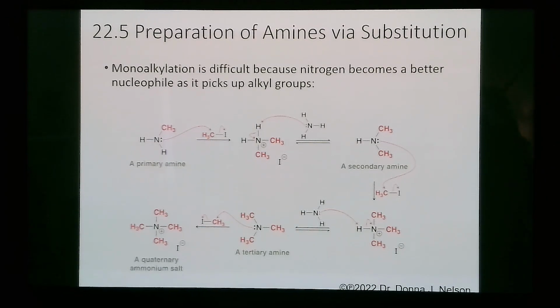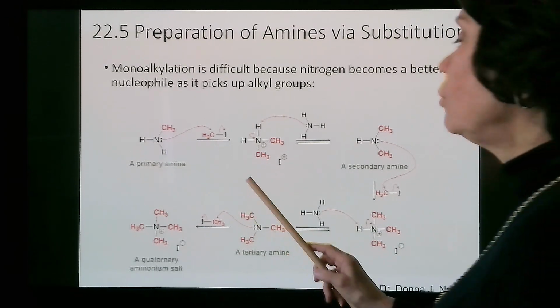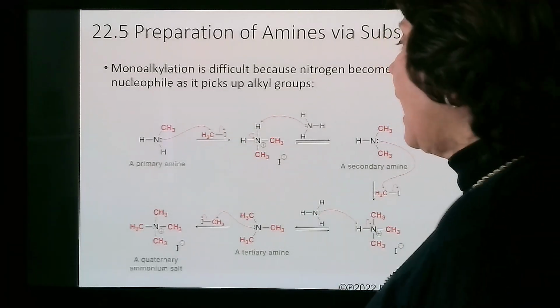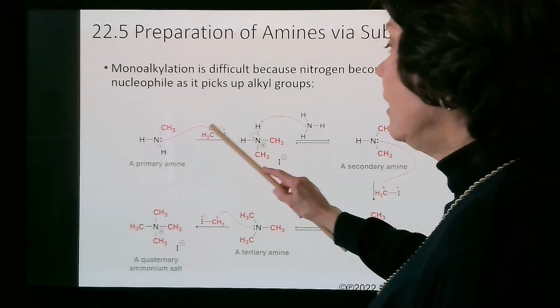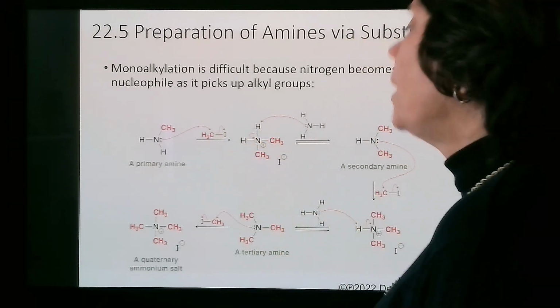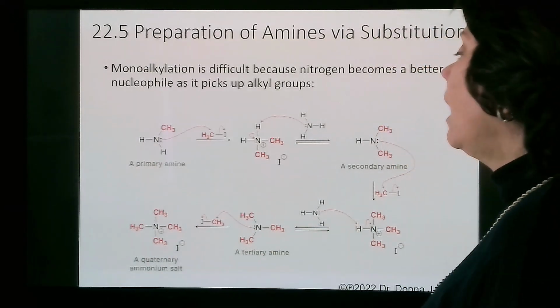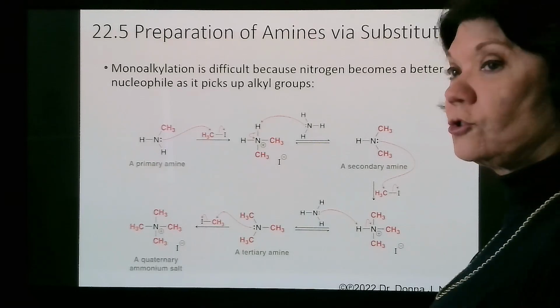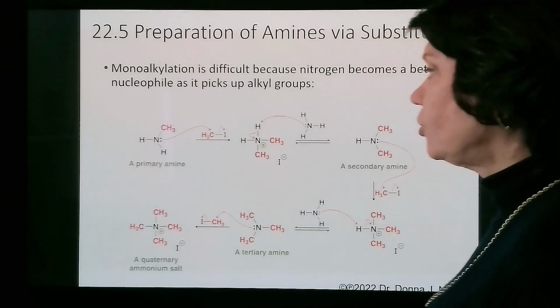Now, I might mention that one does have to use an excess of methyl iodide in order to achieve this, because there is another force going on simultaneously here.